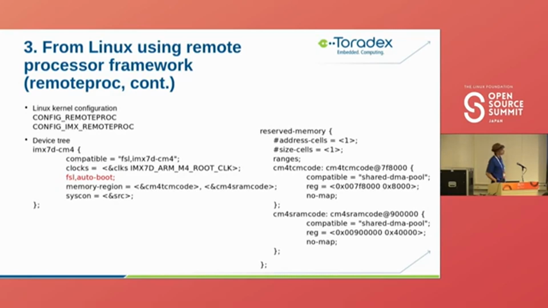And then the reserved memory on the right side there, you see how you can do that. For example, on i.MX7, these are some specific addresses which are reserved, meaning that they are mapped so that the A and the M cores can access these memory areas.